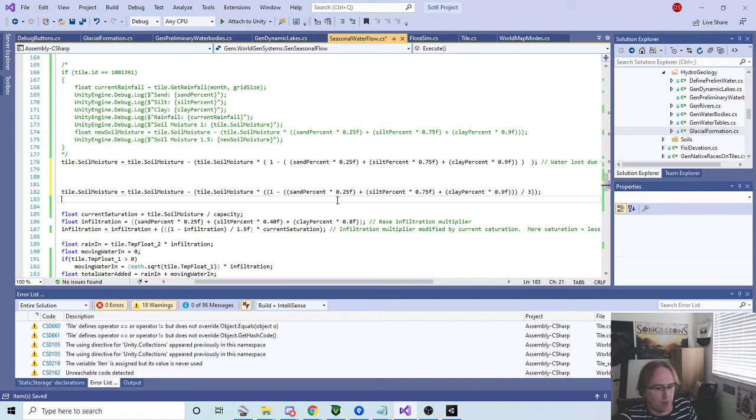So let's say we did have 0.75. 81%. Alright, so then 81% of the soil moisture would drain away. Okay, that's a start.